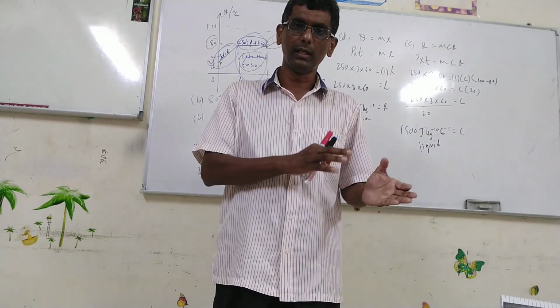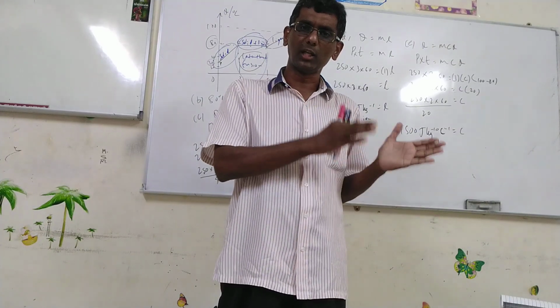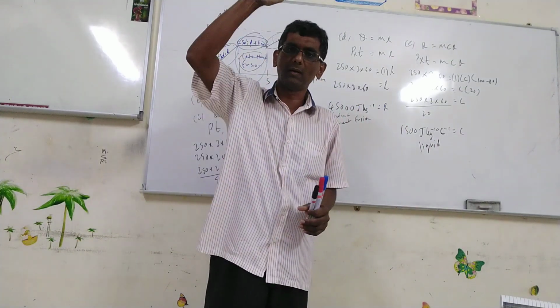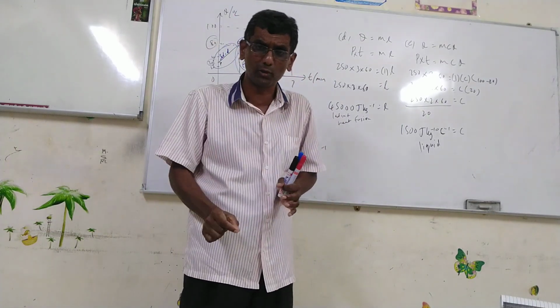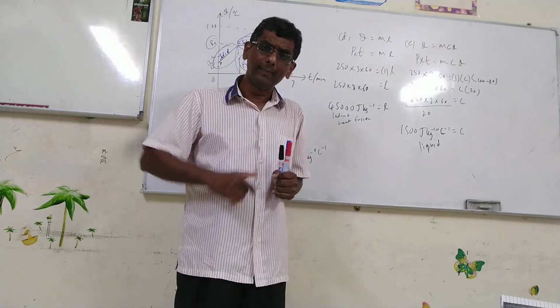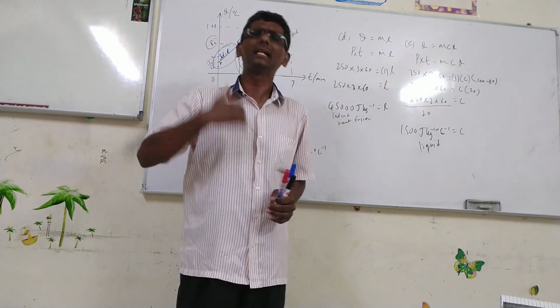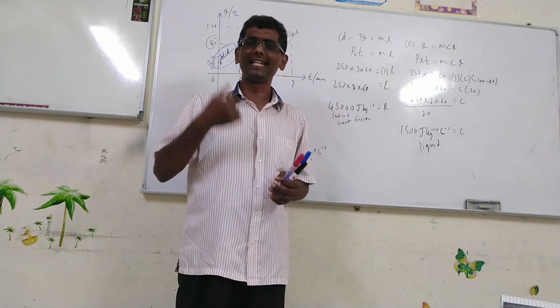Continuous. We learn A and B. A, force on current carrying conductor. We learn force upwards and downwards force. Conductor means straight wire in magnetic field. Then B, turning effect of the coil in magnetic field.